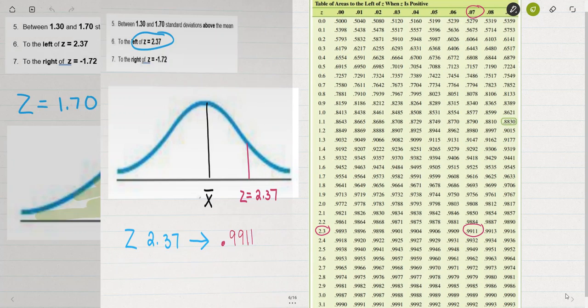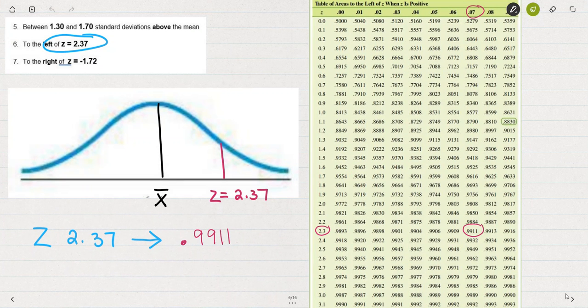What I'm doing now is just working through this chart for each question. So if I'm looking for how to use the chart for z equals 2.37, I find the 2.3 on the left and 0.07 across the top, and see that where they meet up gives me 0.9911.